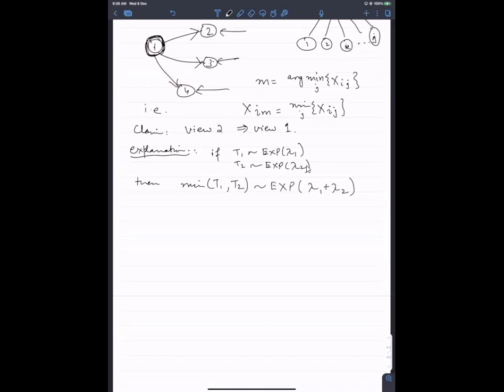And the probability that T1 is the minimum of these two guys is lambda 1 over lambda 1 plus lambda 2. What would be the probability that T2 is the minimum of these two guys? That would be lambda 2 over lambda 1 plus lambda 2.